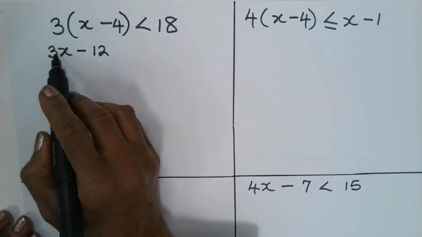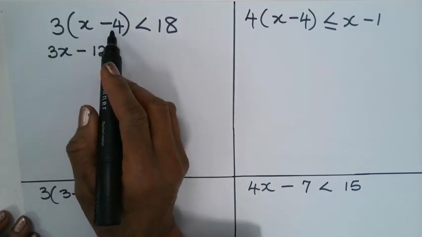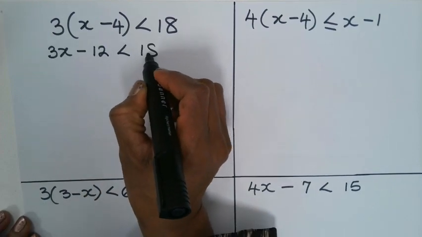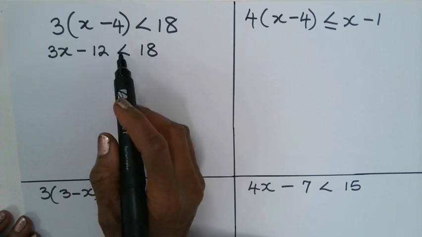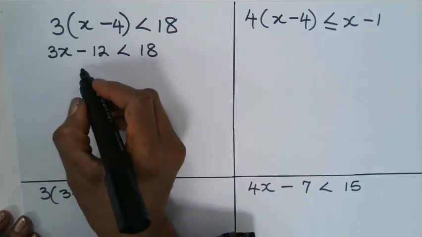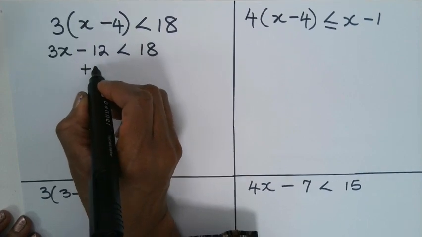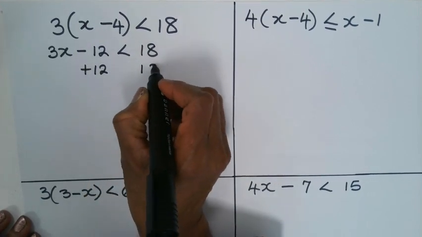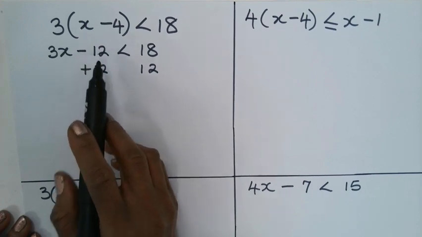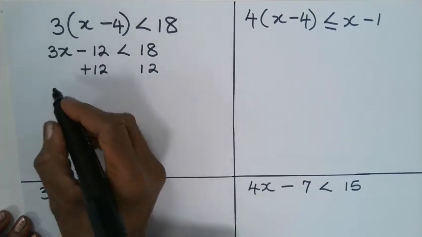3 times x is 3x. 3 times minus 4 will give you minus 12, is less than 18. So whatever answer we've got is less than 18 because we're looking for x. So now next thing we do is to add 12 to both sides. I'm adding 12 because I've got a negative 12 here, so I have to add 12.